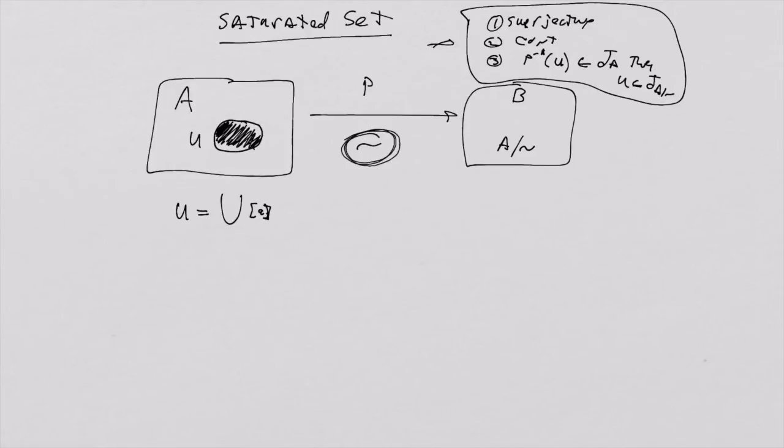The other way to think about it is, every point over here in B represents an entire equivalence class. If U is completely determined by the union of pointwise inverses of points in B, then this is going to be called saturated.